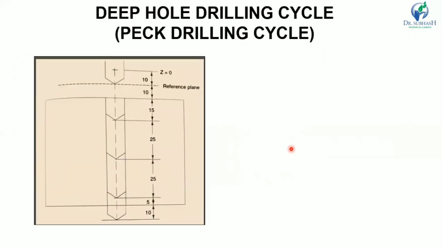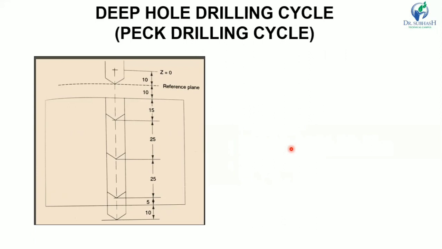Now let us understand the deep hole drilling cycle. It is called the peck drilling cycle. When the L by D ratio is greater than 10, it is desirable to withdraw the drill from the hole at regular intervals to avoid clogging due to the chips.